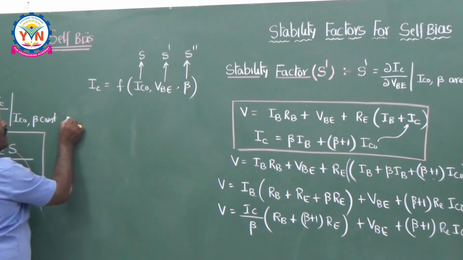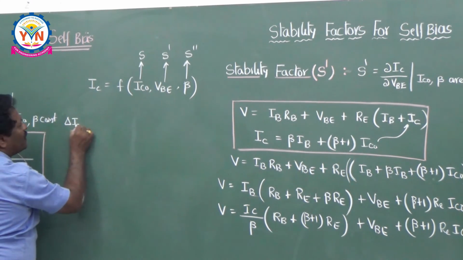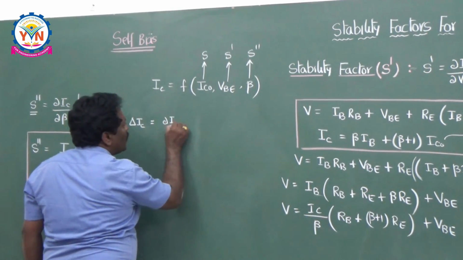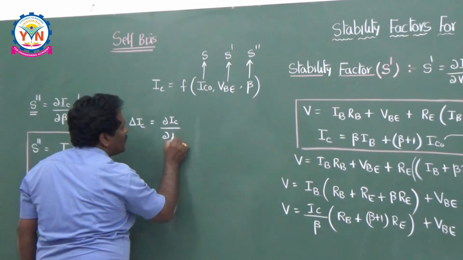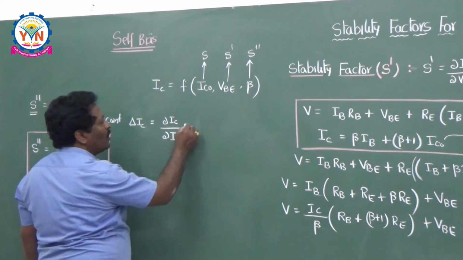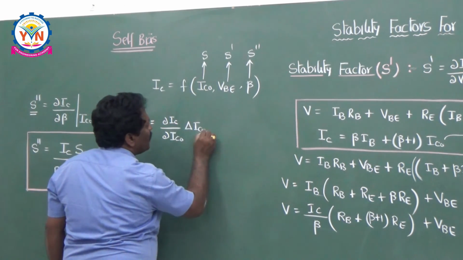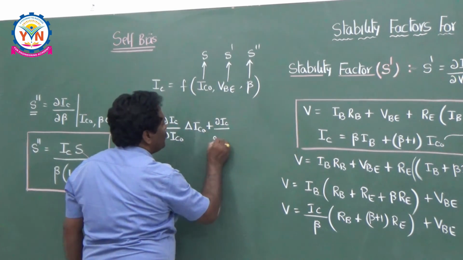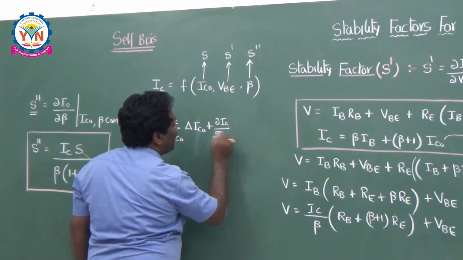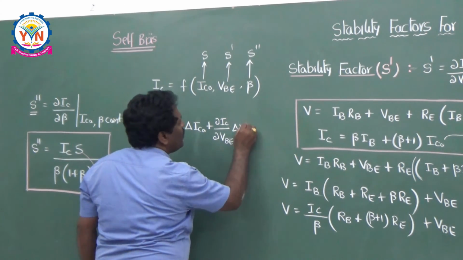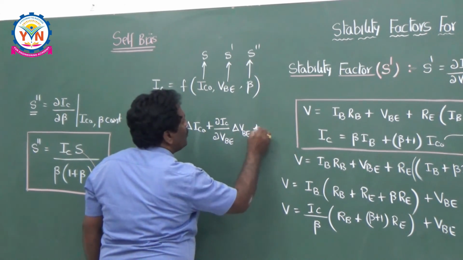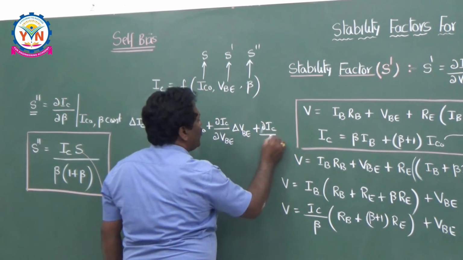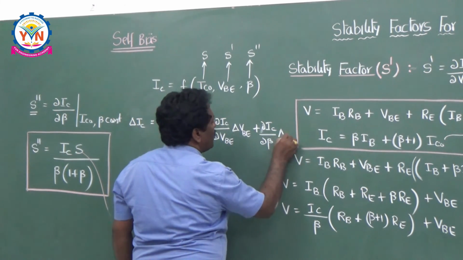So delta IC, the change in the collector current, is equal to dou IC by dou IC naught into delta IC naught plus dou IC by dou VBE into delta VBE plus dou IC by dou beta, the third parameter, into delta beta.